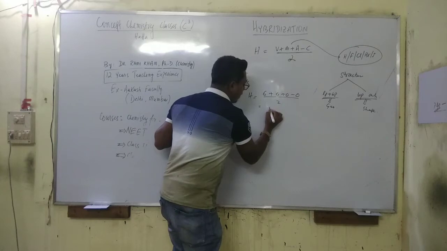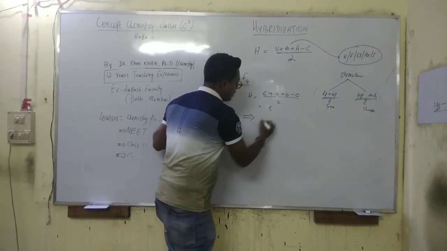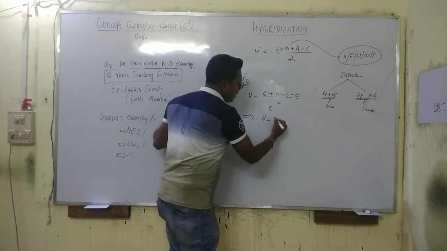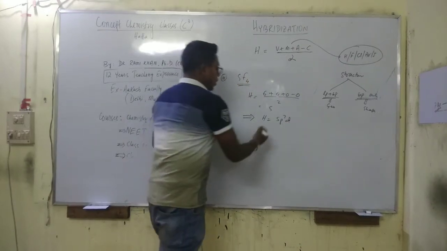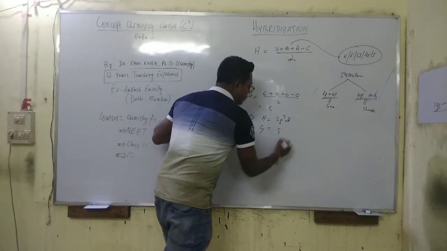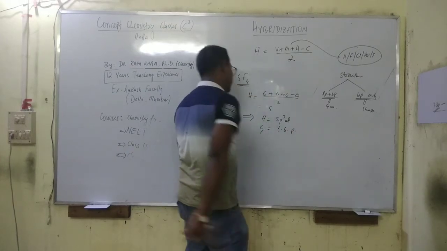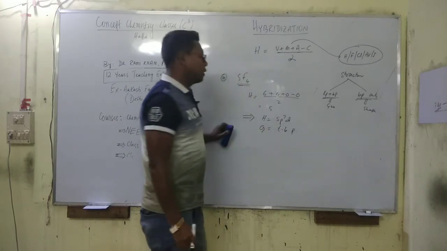So this will give 5 as the value of H, which implies that hybridization of SF4 around sulfur is sp3d. Geometry will be trigonal bipyramidal, but the shape will not be equal to trigonal bipyramidal.